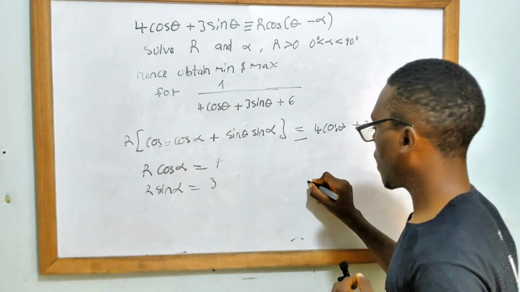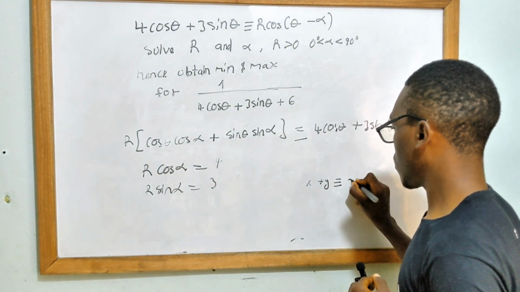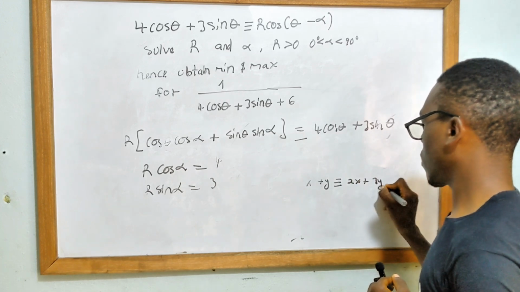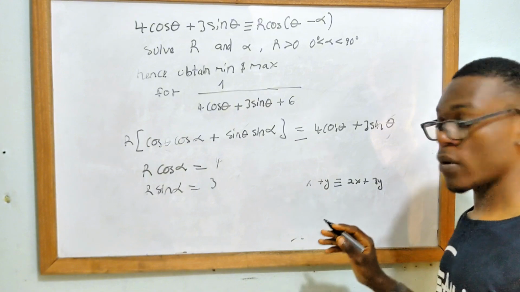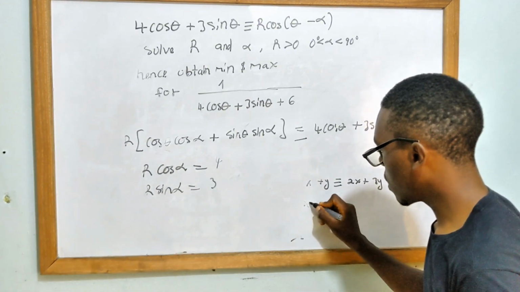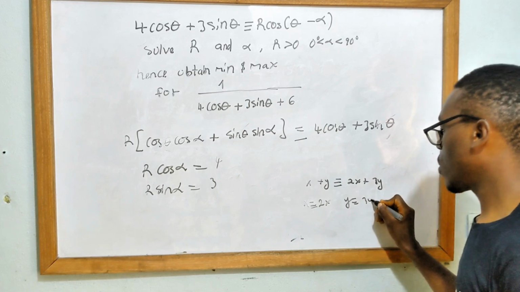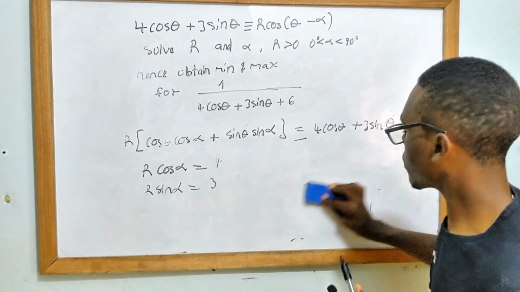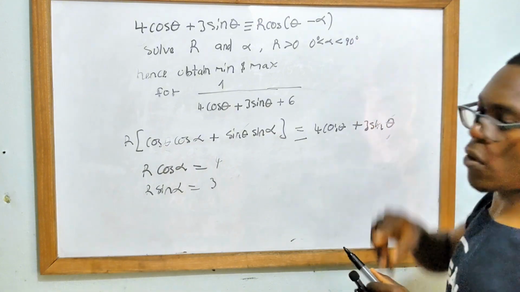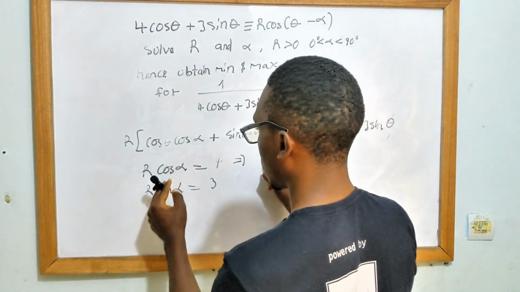It's just like x plus y being equivalent to 2x plus 3y; hence we can say x matches 2x and y matches 3y. That is linking the like terms together.